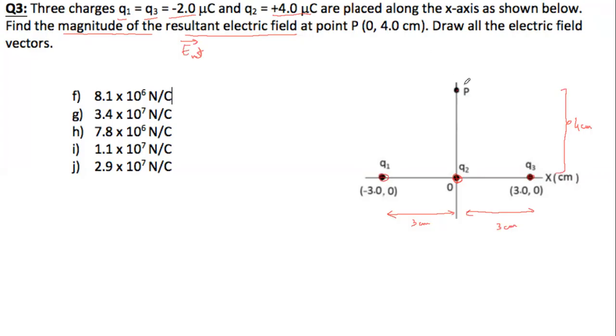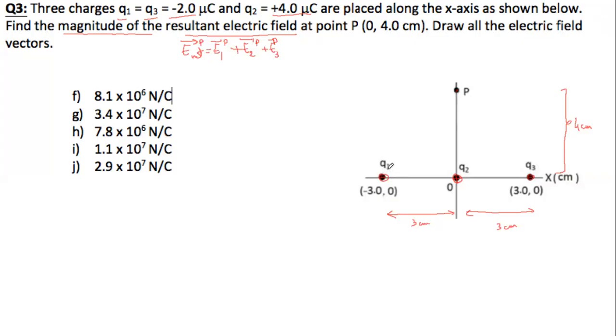Okay, I want E net at P. E net at P will be E1 at P, electric field created by charge 1 at P, plus electric field due to charge 2 at P, plus electric field due to charge 3 at P. Principle of superposition. Now let's draw the electric fields.